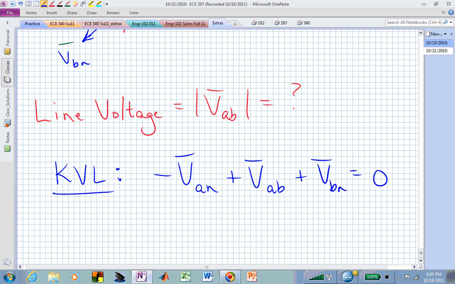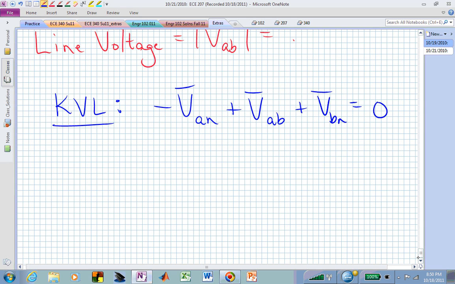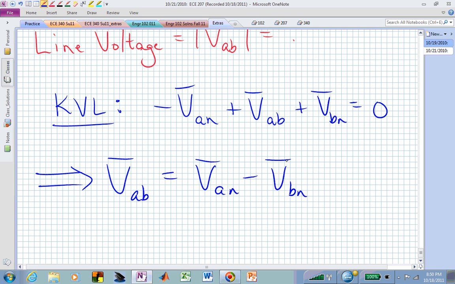If we're interested in this value for V sub AB, because we've already defined, in terms of the phase voltage for a balanced set of sources, V sub AN, or the A phase voltage, in a Y configuration, and V sub BN, V sub AB is now V sub AN minus V sub BN.